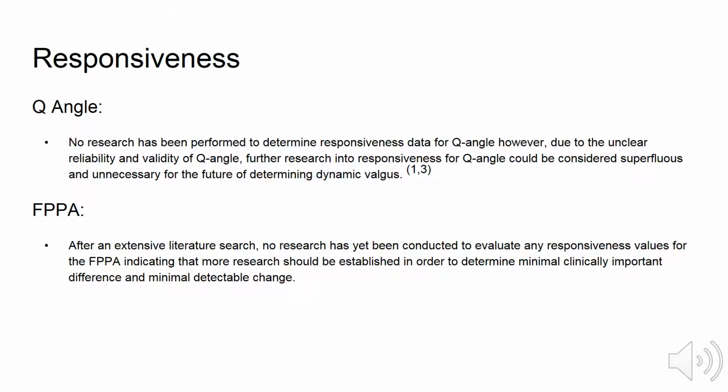So in terms of responsiveness, there has been no research performed to determine responsiveness data for Q angle. However, due to unclear reliability and validity of Q angle, further research into responsiveness for Q angle could be considered superfluous and unnecessary for the future of determining dynamic valgus. In regards to the frontal plane projection angle, after an extensive search was done, no research was found to have been conducted to evaluate the responsiveness of this measurement tool yet.